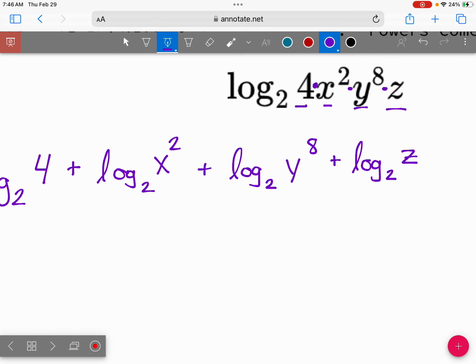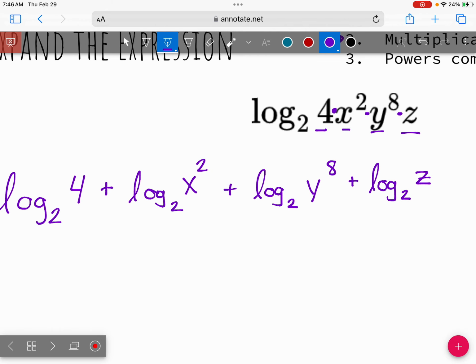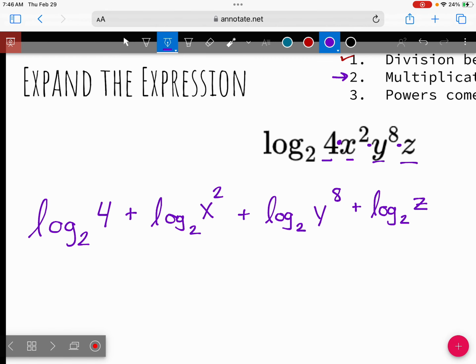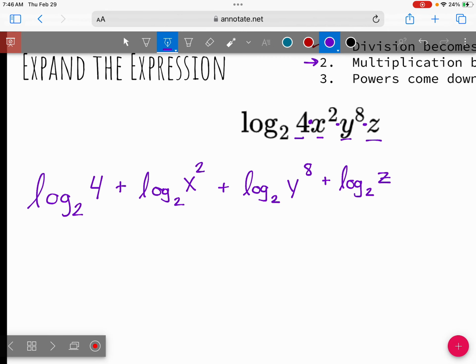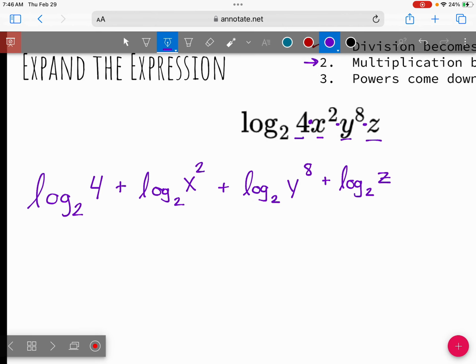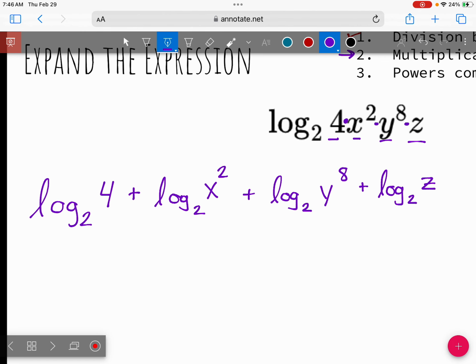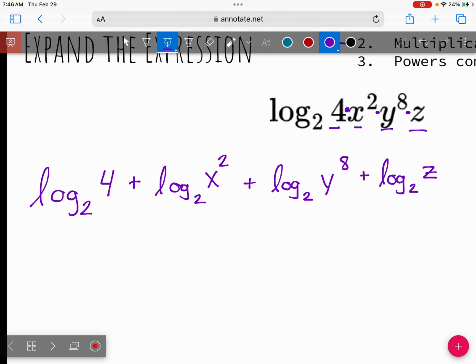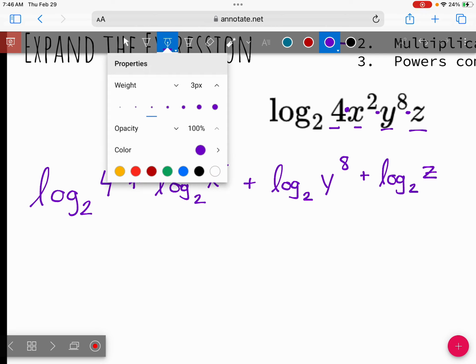Ooh, sorry, I wrote smaller than I intended. I'm going to change the view real quick just so it's not quite so small. My pen went super skinny and I did not realize it.